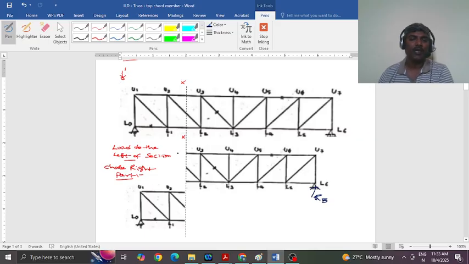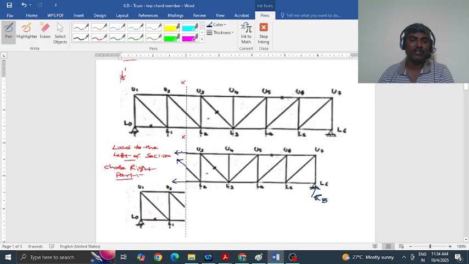Now at the cut surface, you shall draw the forces in the members. You need to see what force is acting in that member. These are the forces which have developed in the members.